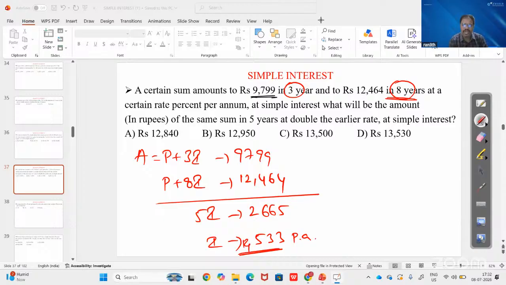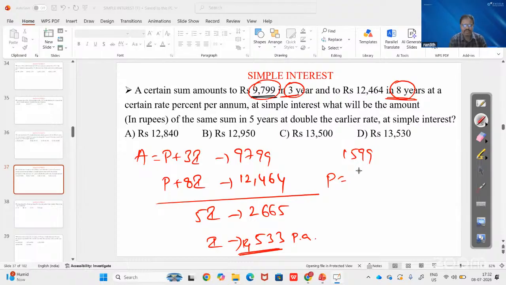Now, the amount we are getting, 9799 in 3 years. What about in 3 years? In the sense 533 into 3 will be equal to 1599. Then we need to find out principal only, right?